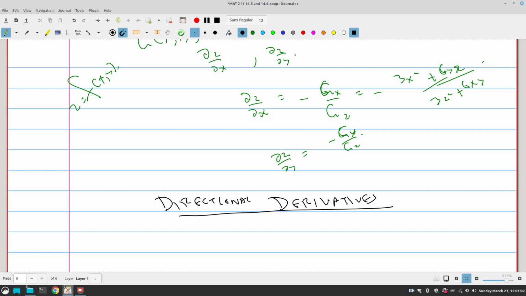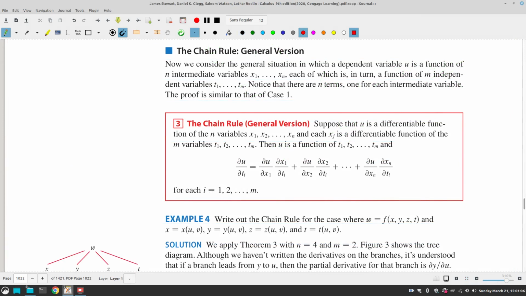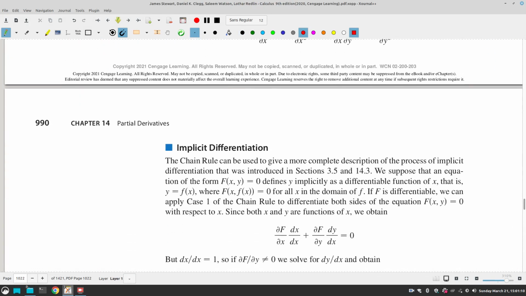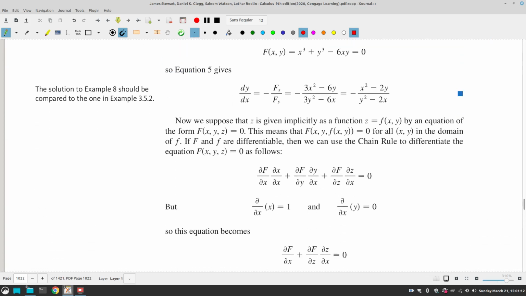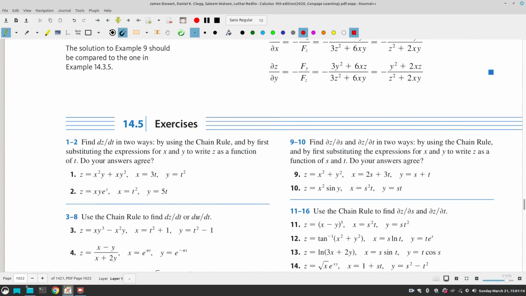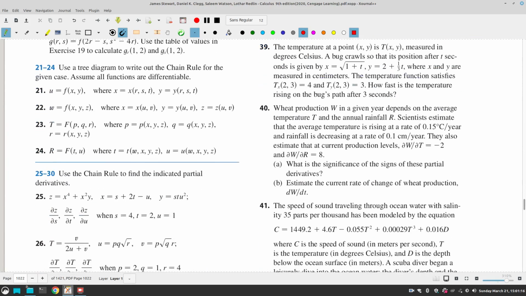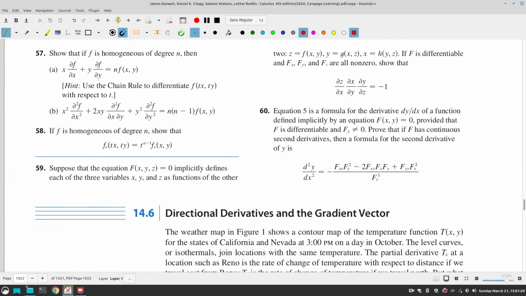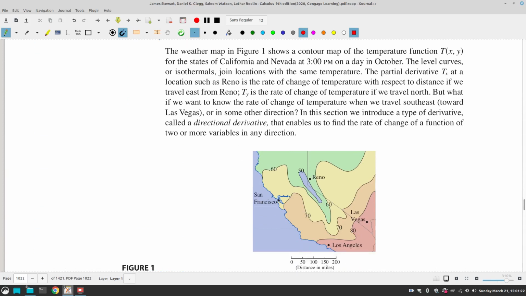For example, the example given in the textbook: let's say you have a temperature function. Temperature is a function of position, so you have a temperature in an area.